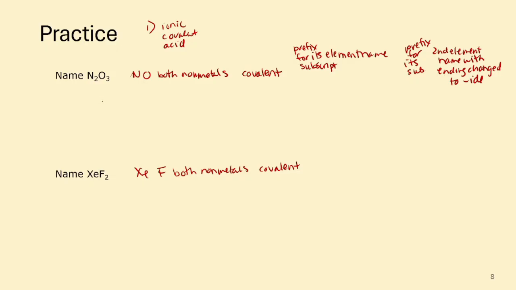Okay, so I'm going to put nitrogen. Its subscript is 2. The Greek prefix for that is di. I'm going to put oxygen, but I'm going to change the ending to "ide." And then the prefix for 3 would be tri.